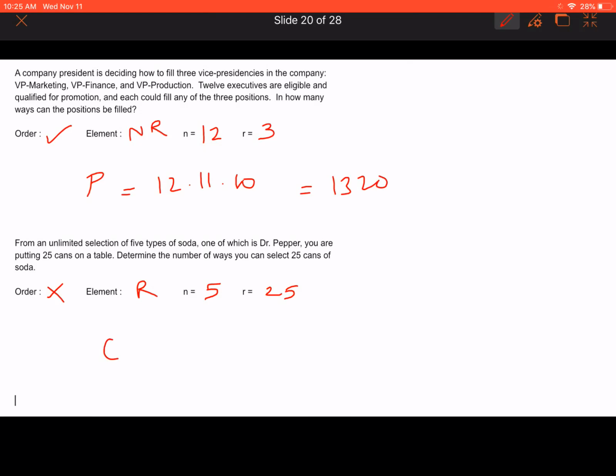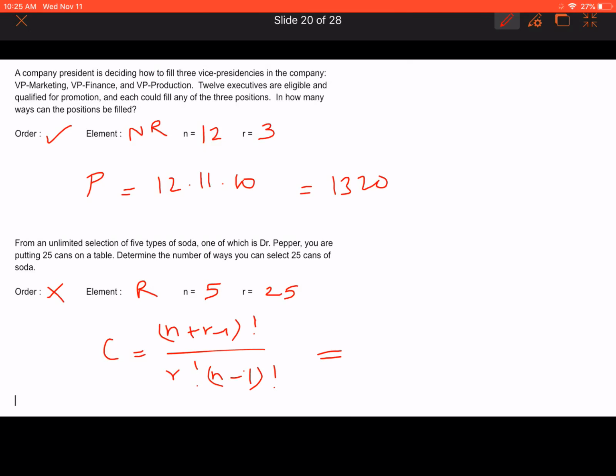So the combination formula for the repetitive nature, where the order doesn't matter, is (n plus r minus 1) factorial by r factorial into (n minus 1) factorial.